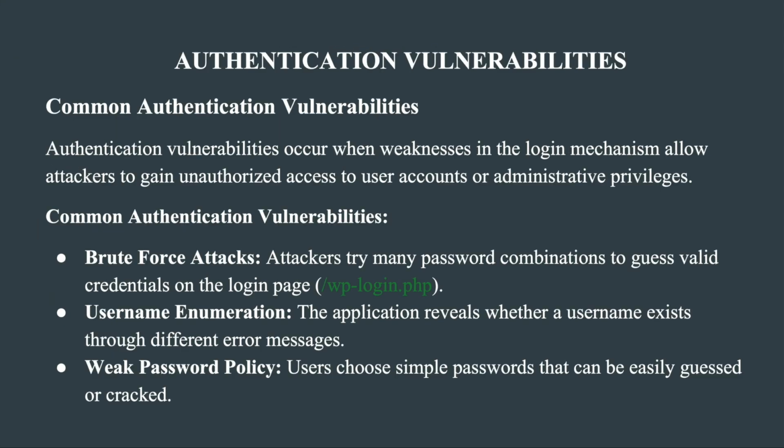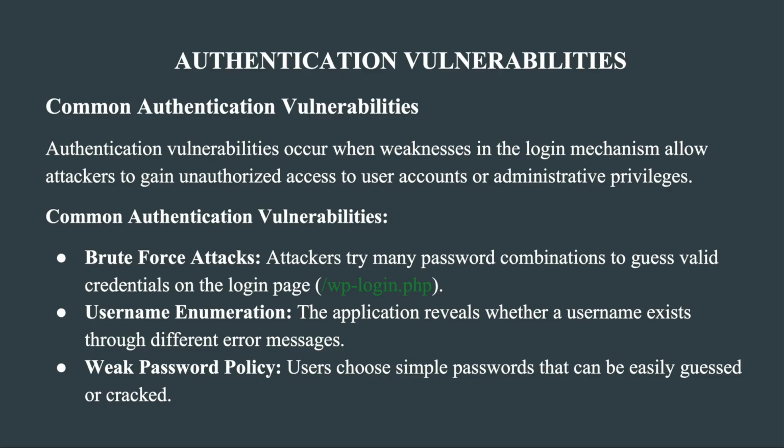Authentication vulnerabilities. Now let's look at some common authentication vulnerabilities that occur in WordPress applications. Authentication vulnerability occurs when weaknesses in login systems allow attackers to gain unauthorized access to user accounts. One example is brute force attack, where an attacker tries thousands of password combinations on the login page until they find the correct one.